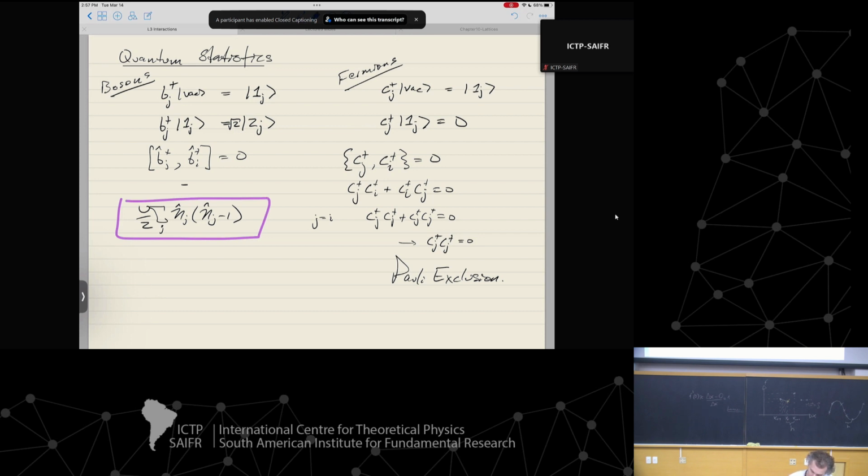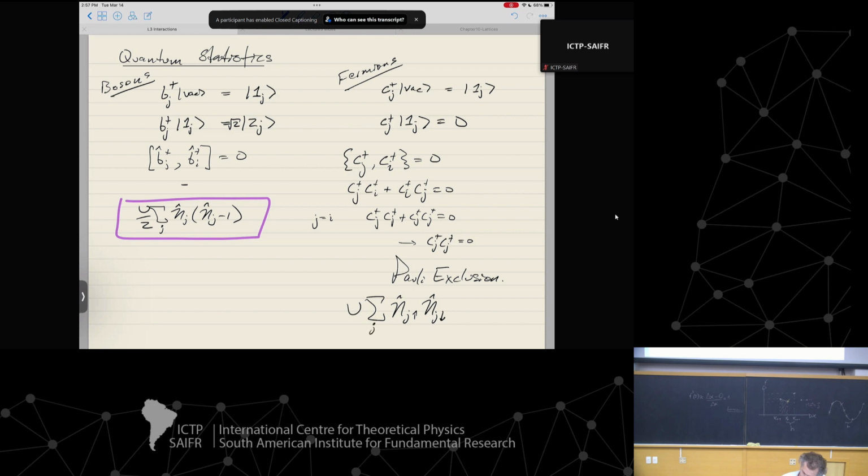Whereas for fermions, I need to write this out a little differently. I can't really have just occupation on the same site for the same kind of particle. So if I live in a single band, instead, I'm going to think about an interaction term which is the occupation for a spin-up particle and the occupation of a spin-down particle on the same site.